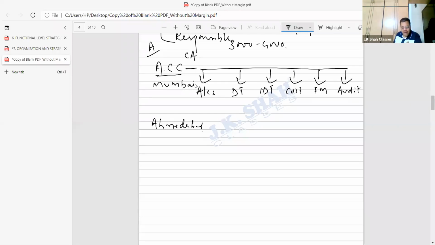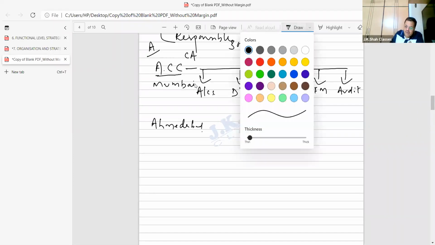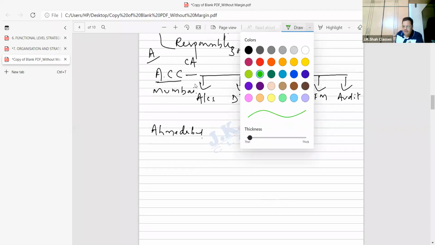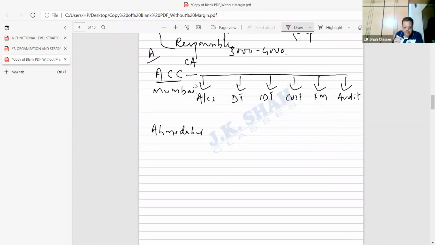Oh, is that so. So that made Mr. A very angry. In that anger, he said, fine, you don't want to sell your classes to me, so I will start my ACE coaching classes in Ahmedabad.